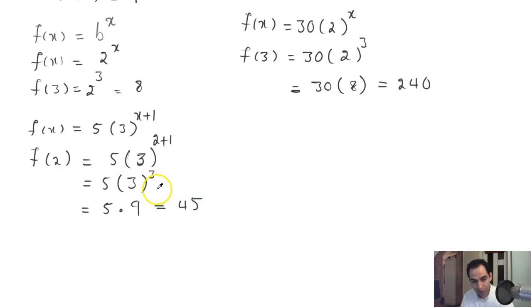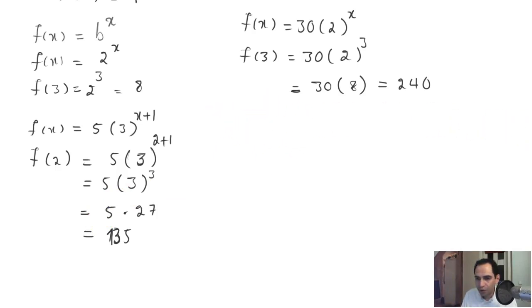Oh, I'm sorry, I made a horrible mistake here. So this is 5 times 27, and 5 times 20 is 100, and 5 times 7 is 35, so it's 135. I'm sorry, I almost made a mistake.